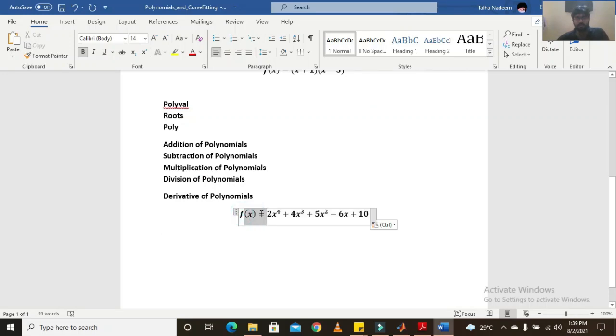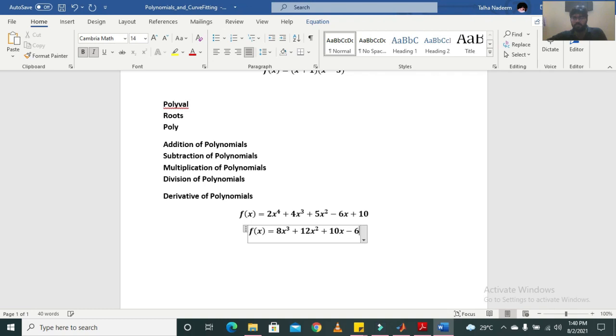So its derivative will be 8x cube plus 12x square plus 10x minus 6, and this will be the derivative of the function.